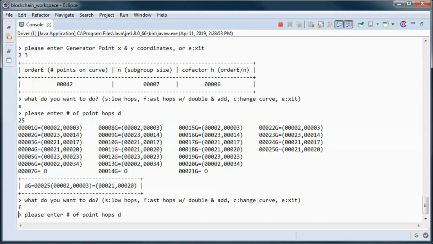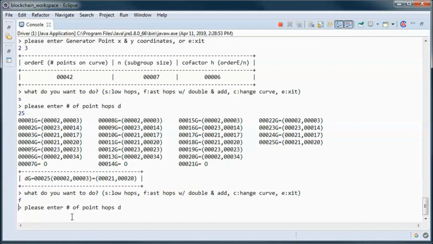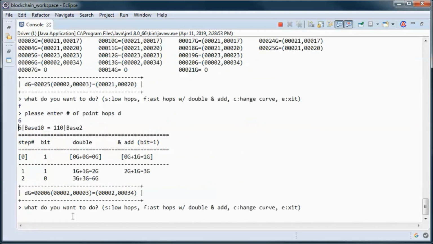So if we do fast hopping, and let's go with 6 hops, so we end up here.